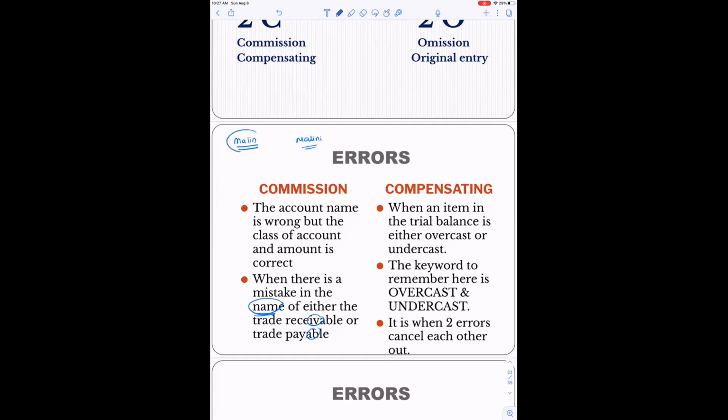Instead of Salma, you record the transaction in the books of Salman. So commission is when there is an error in the name of the account, but the amount is correct.